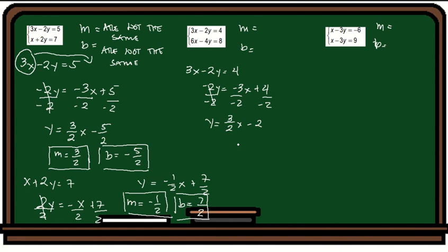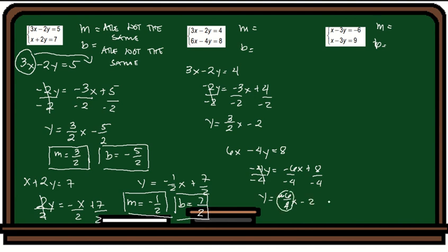For equation 2 of the second system, we have 6x minus 4y equals 8. Transpose, you have negative 4y equals negative 6x plus 8. Divide each term by negative 4. So you have y is equal to positive 6 over 4x minus 2.